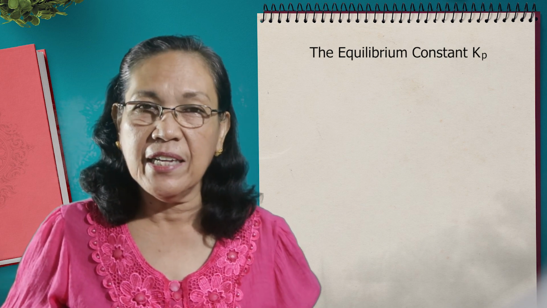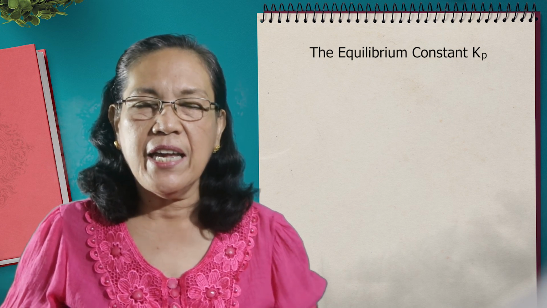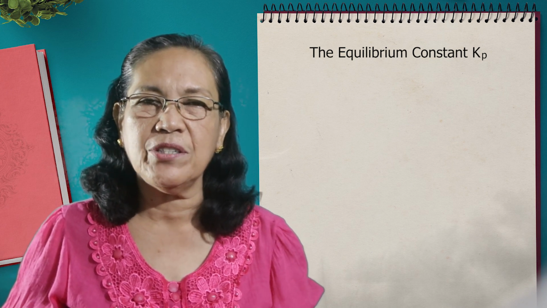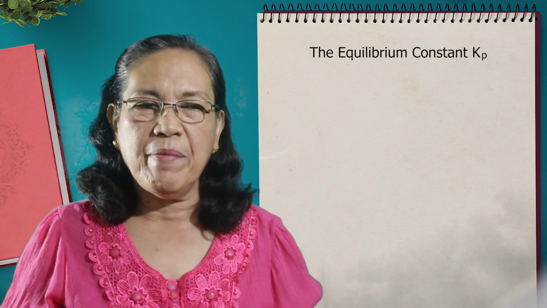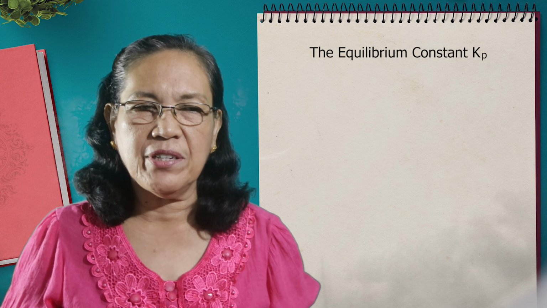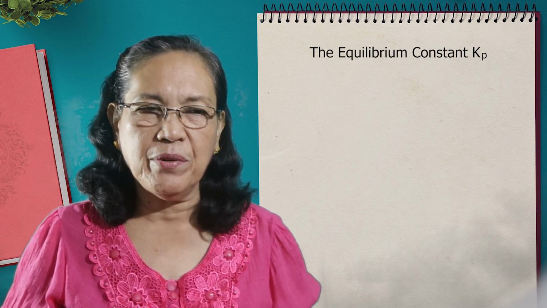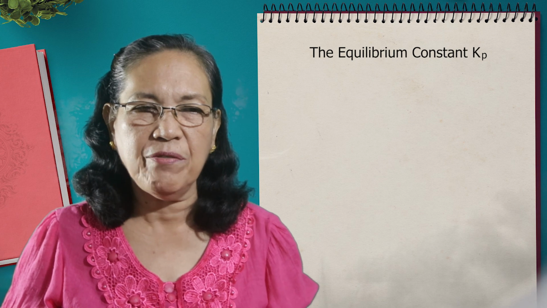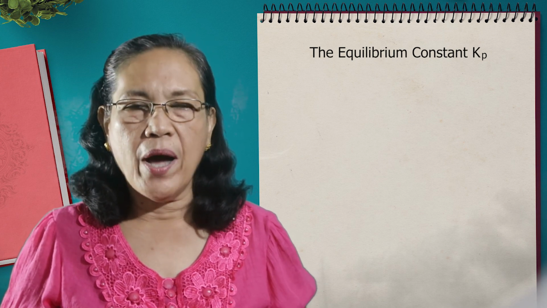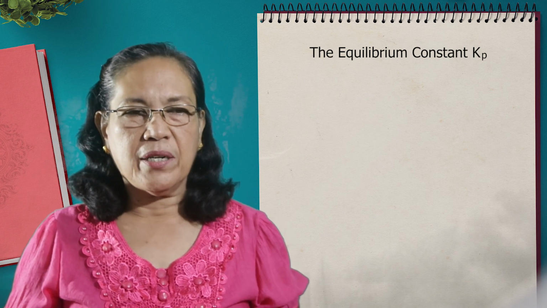If we represent that a while ago as X, so you have X times X equals 1 times 10 to the negative 14. So you have X times X equals X squared equals 1 times 10 to the negative 14. Therefore, X equals the square root of 1 times 10 to the negative 14, which is 1 times 10 to the negative 7 molars.